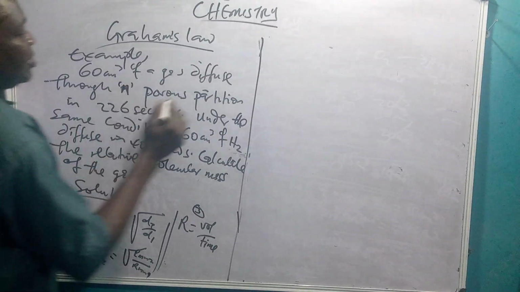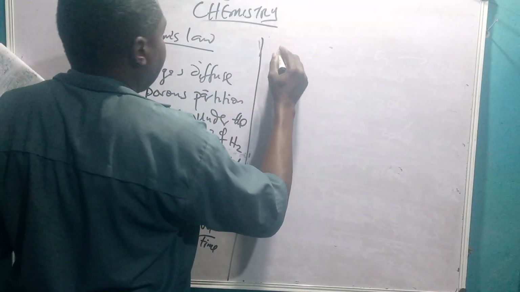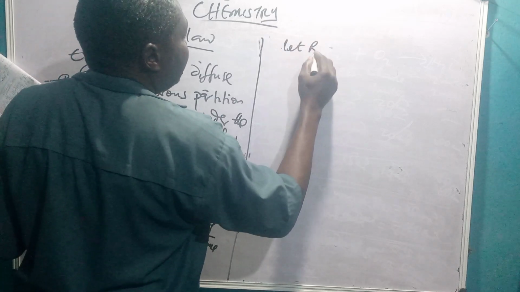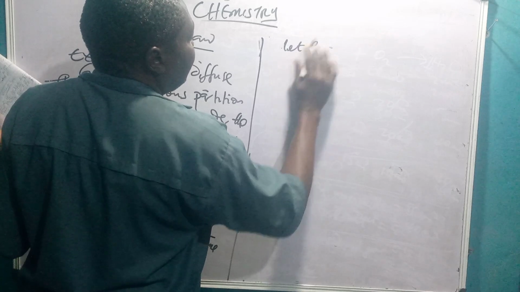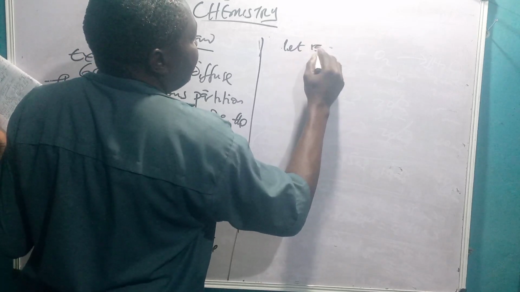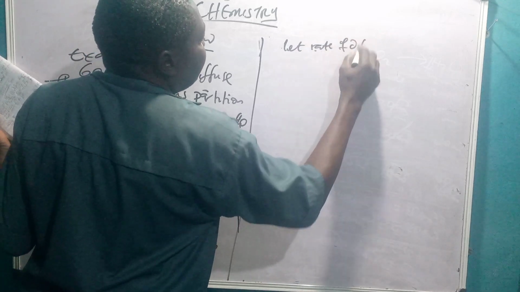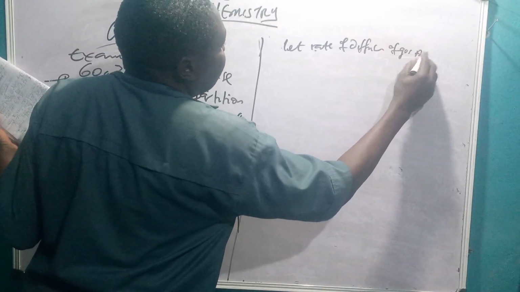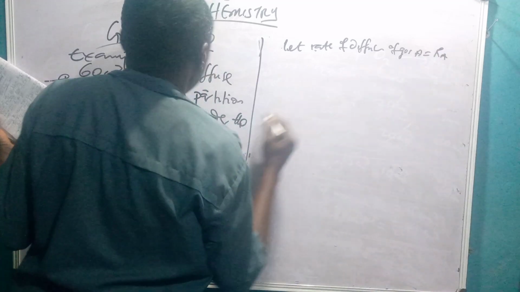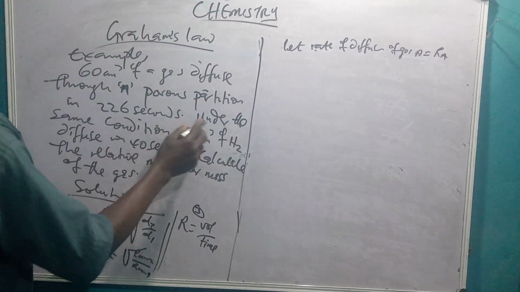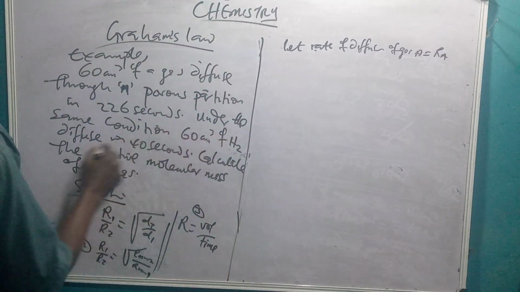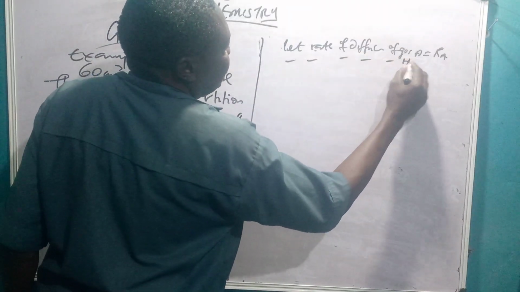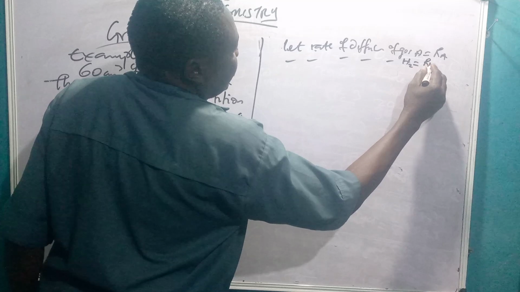Let's put it in capital. Let the rate of diffusion of gas A equal RA. Under the same condition, 60 cm cube of hydrogen diffused, let the rate of diffusion of hydrogen equal R_H2.